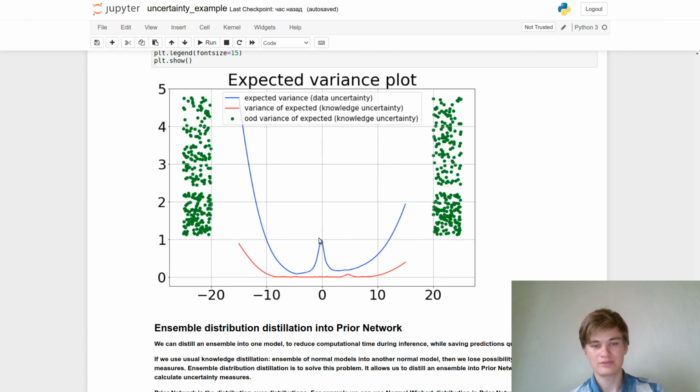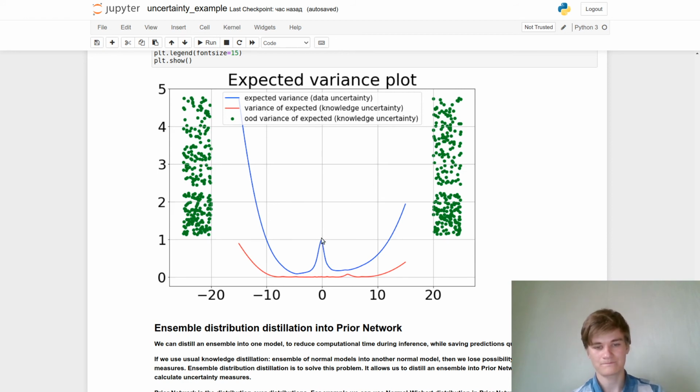This is mean variance over our ensemble. Better say expected. And its behavior is quite similar to one Gaussian model on this task. We have high variance nearby 0.